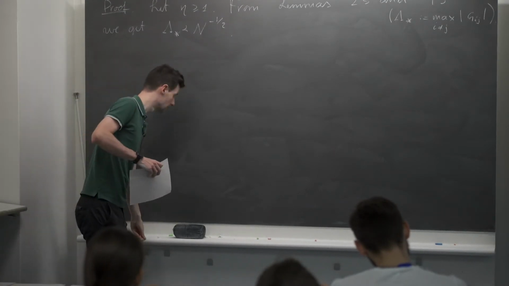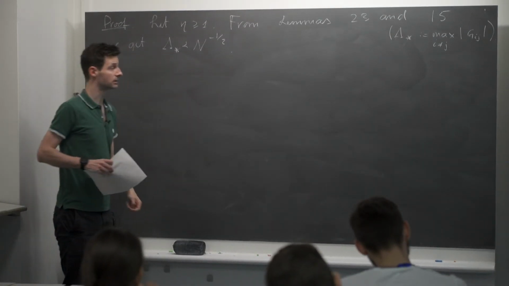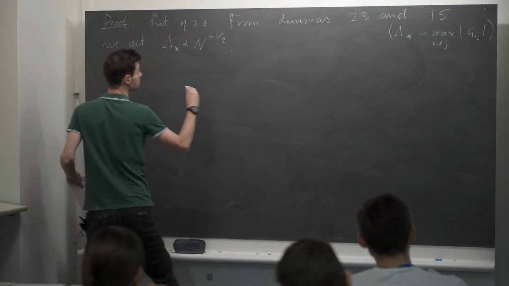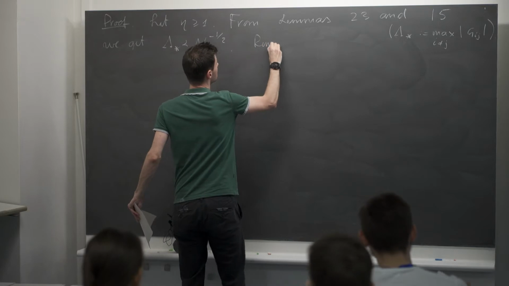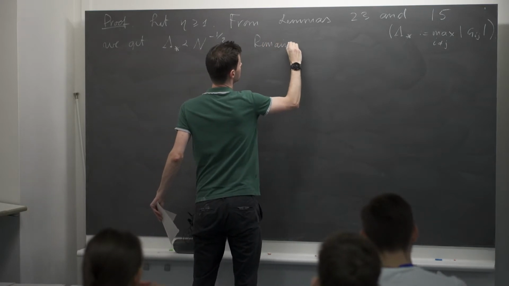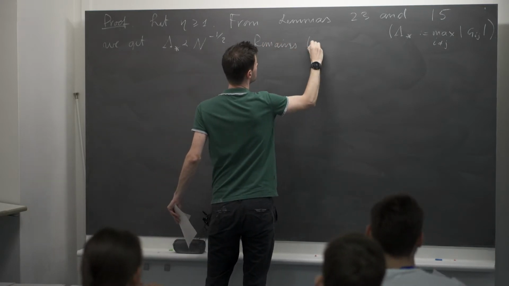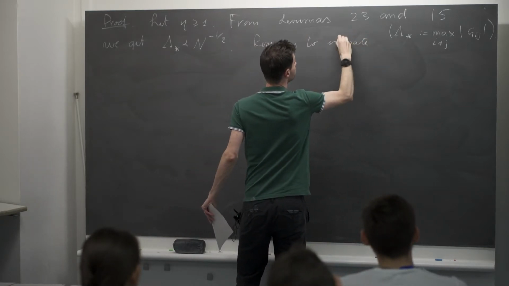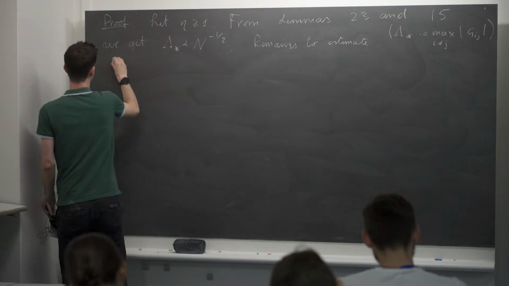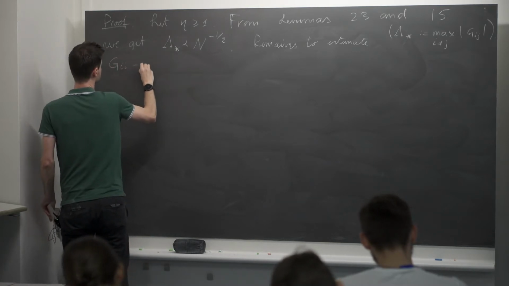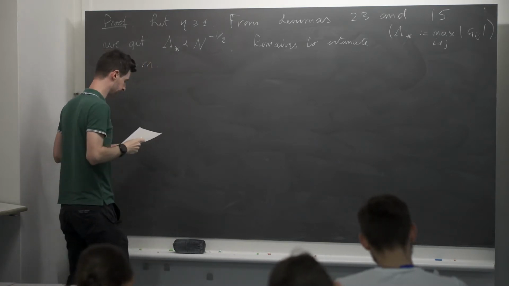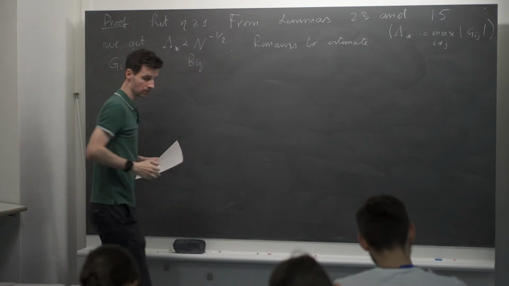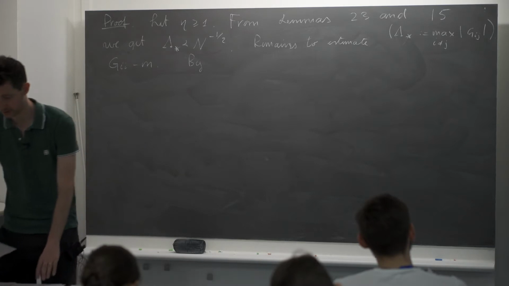Okay, so the off-diagonal elements are easy to estimate. The more tricky estimate, of course, is to prove that the diagonal elements are close to m. So it remains to estimate G_ii minus m. So how does one attack the diagonal elements?